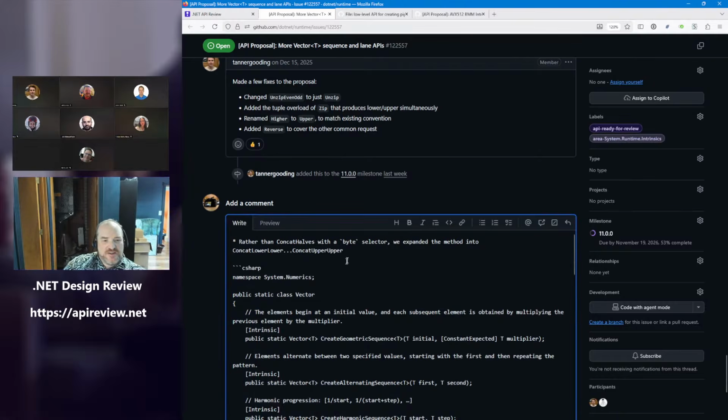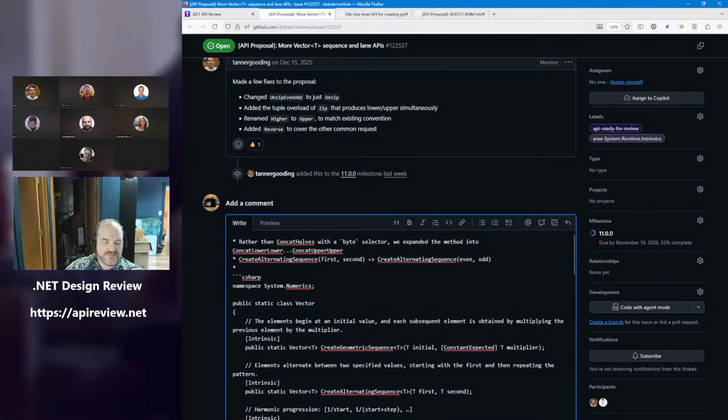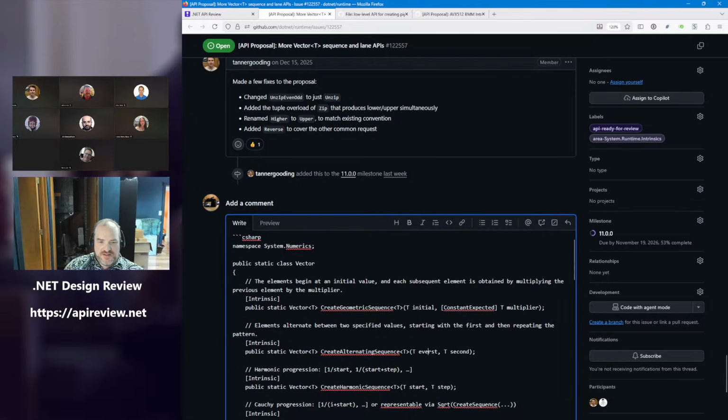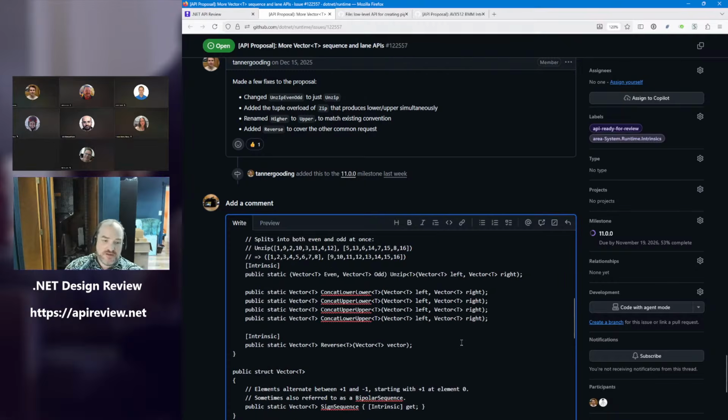Okay, so we also create alternating sequence first, second becomes even, odd. Yes, even, odd. First, second did avoid thinking.